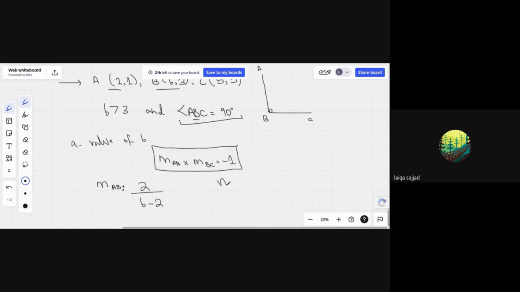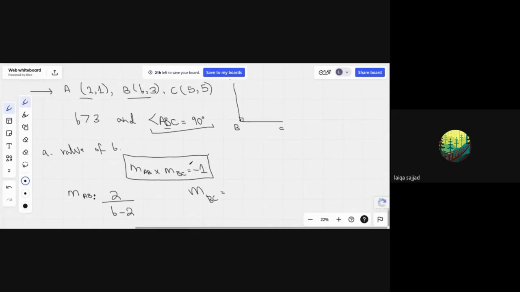Now if we want to find the gradient for line BC, we calculate it in the same way. So it will be 5 minus 3, which is 2, divided by 5 minus b.